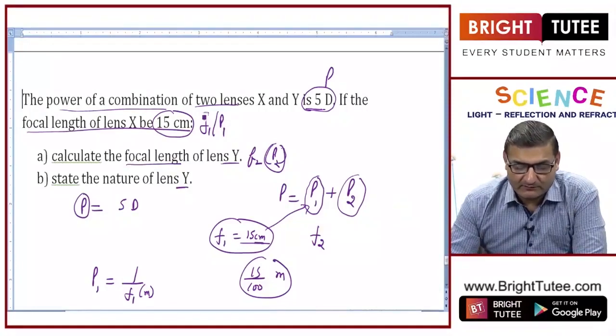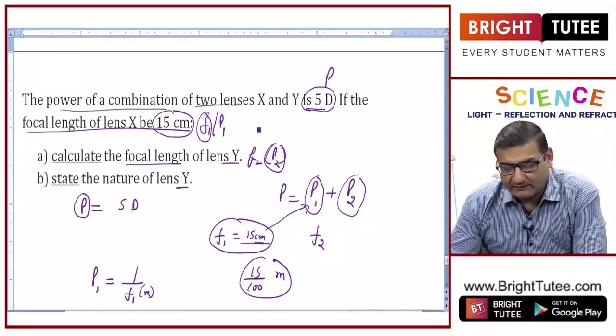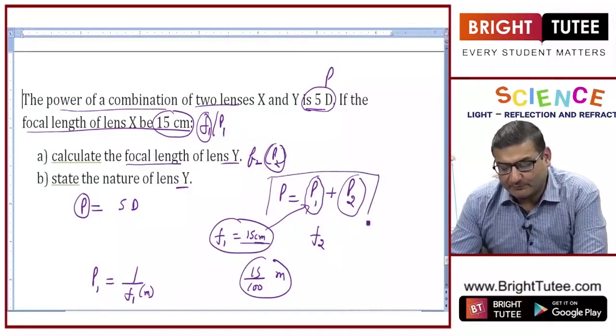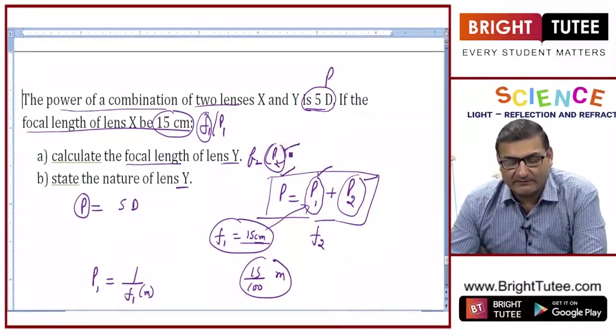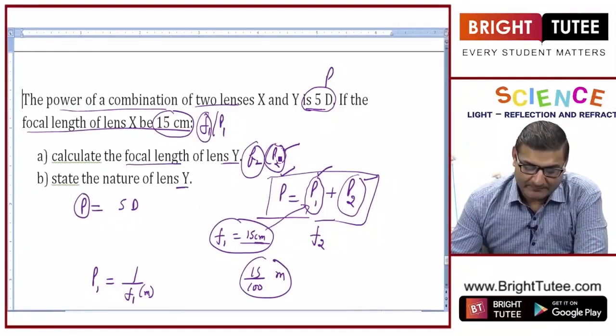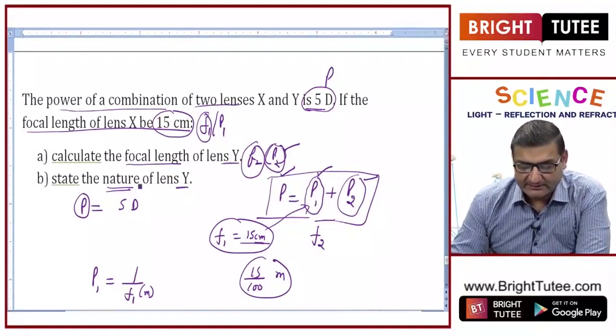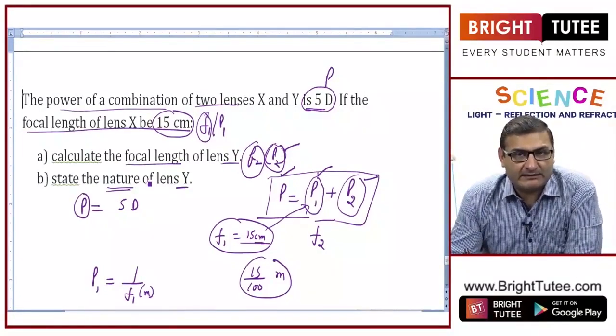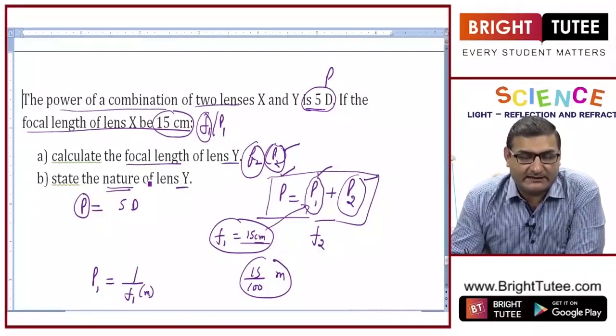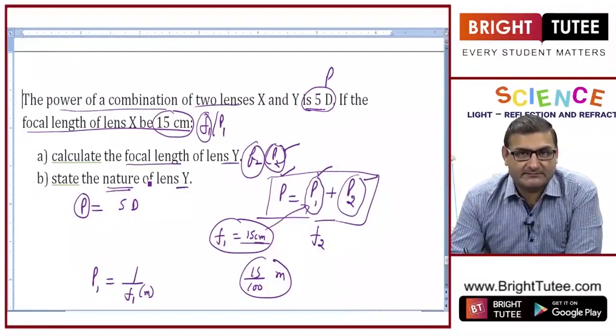Focal length of the first lens X was given, we found out P1. Then we used this formula P is equal to P1 plus P2. We have got P1, P was given in the question, we got P2. Once we got P2, then based on the formula that power is the reciprocal of focal length, we get the focal length of lens Y. And the focal length F2 came out to be in minus, therefore the nature of the lens is diverging, it is a concave lens.